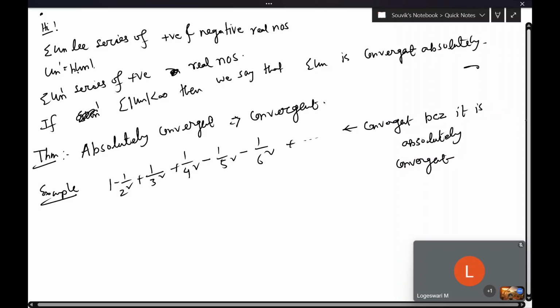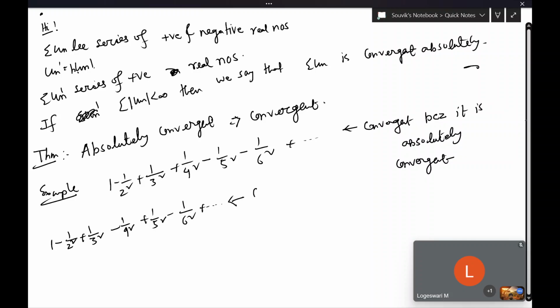There is also another example: 1 minus 1/2 squared plus 1/3 squared minus 1/4 squared plus 1/5 squared minus and so on.